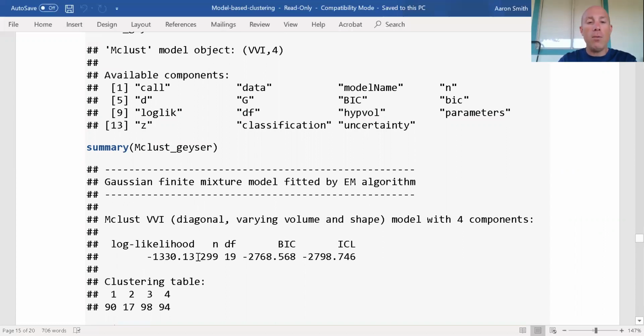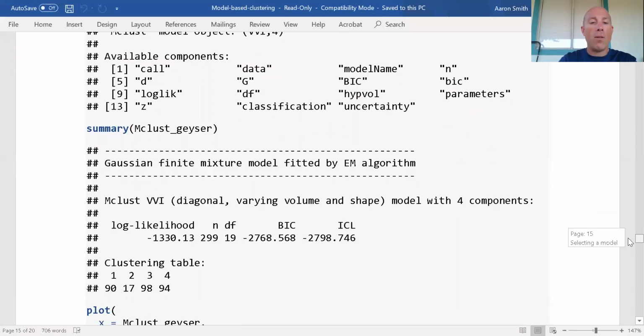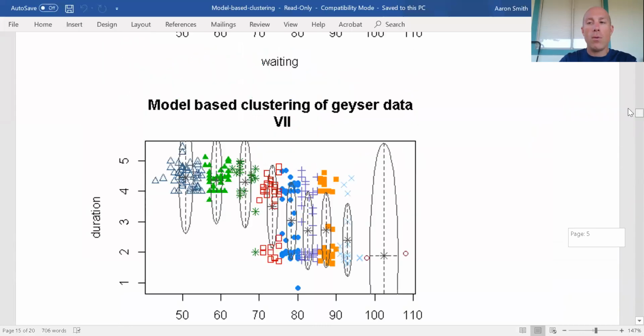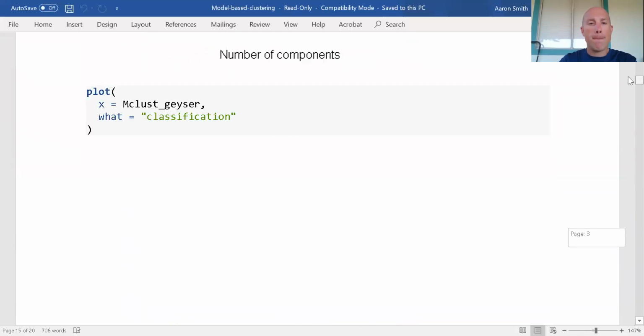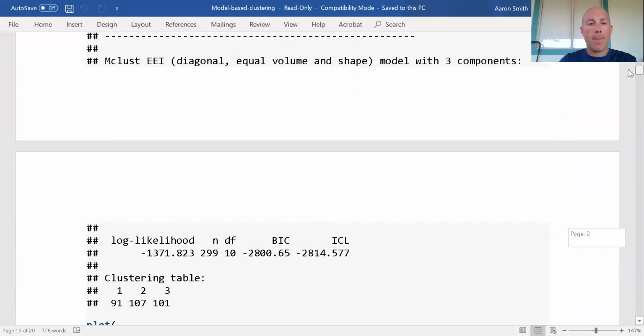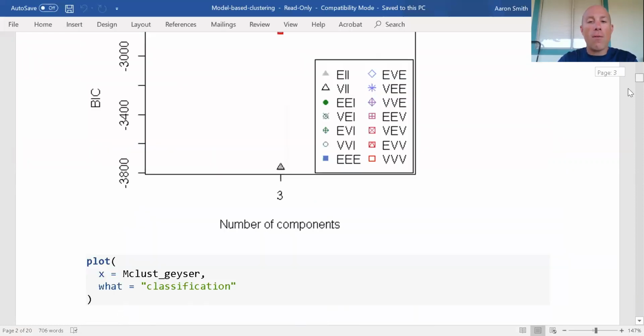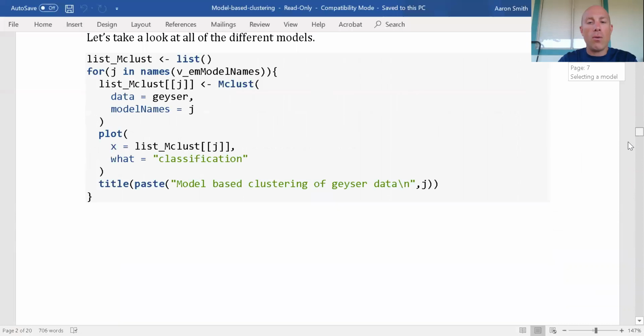Here's my log likelihood. How does this compare to the previous one? My log likelihood is 1330 compared to 1371. I'm pretty close on the scale. And here we've got negative 7,800, which isn't too far off from what we have over here.